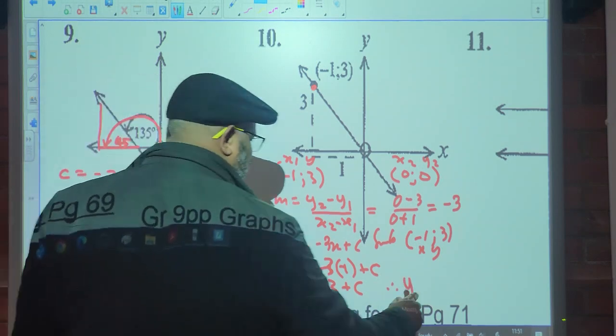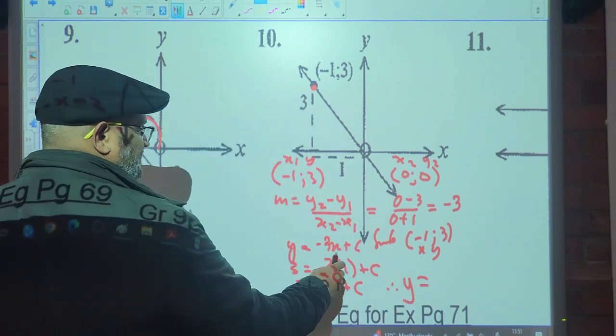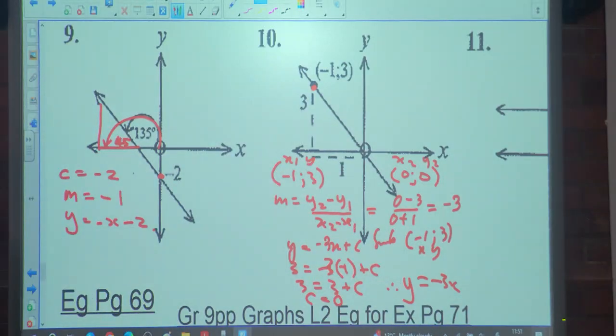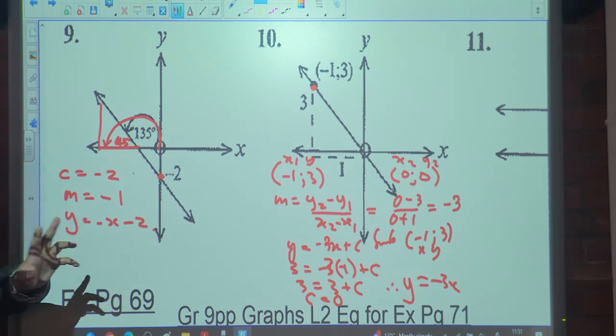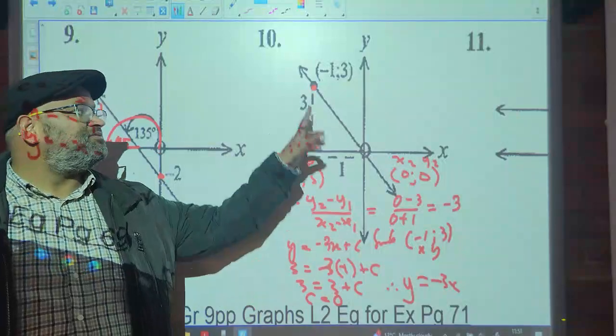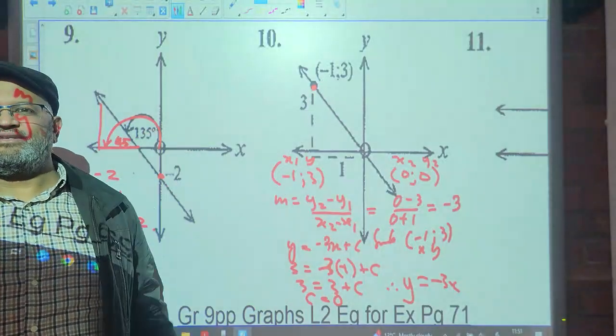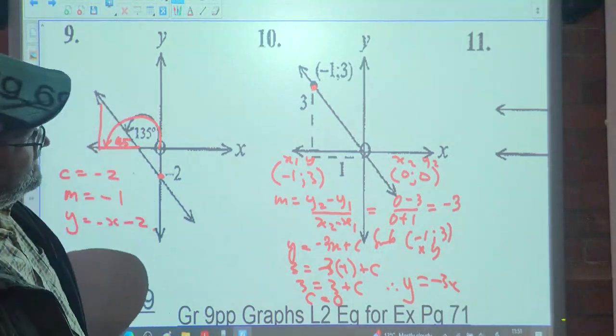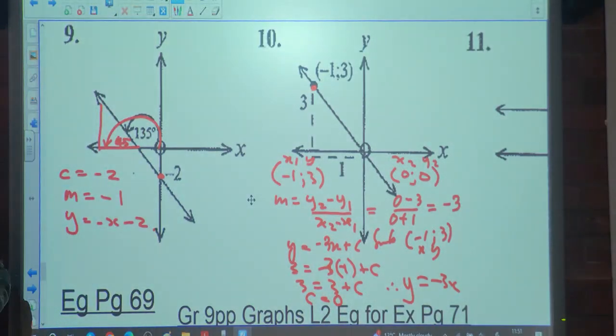Equation: y is equal to your gradient, negative 3x plus 0, which is negative 3x. You see, it's the same thing. It is a shorter method, but again, we must have that information to use it in that case. Okay? Any other confusion?